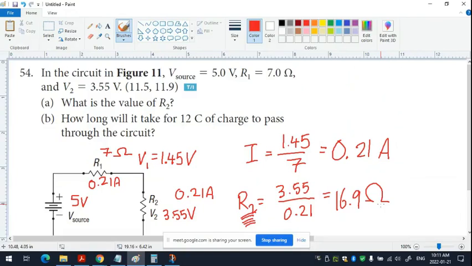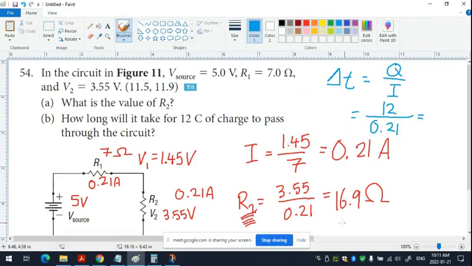Okay. Haley, can you tell me how we're going to do part B? How long will it take 12 coulombs of charge to pass through this circuit? Exactly. So I need to use Q equals I delta T. Delta T equals Q over I, which is 12 coulombs divided by 0.21.